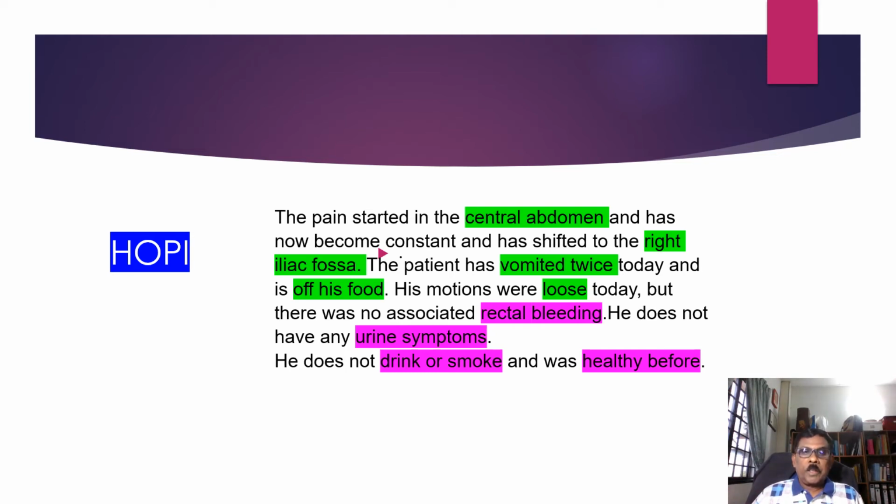Nausea and anorexia. He had loose motion once. The purple colored highlights are those with relevant negative symptoms, which include no rectal bleeding, no urinary symptoms, does not drink or smoke, and he was healthy before.